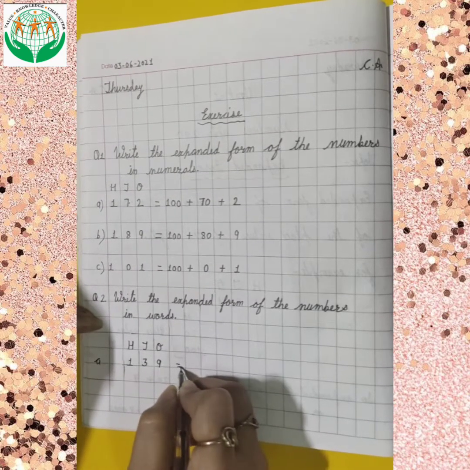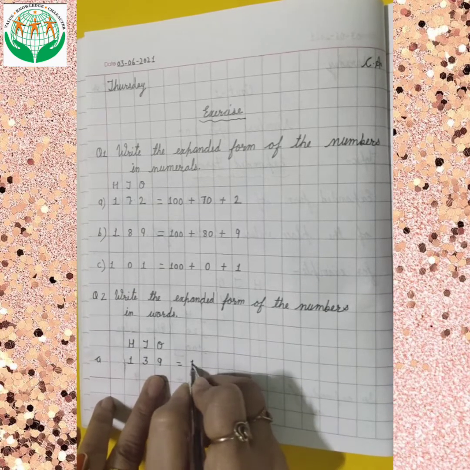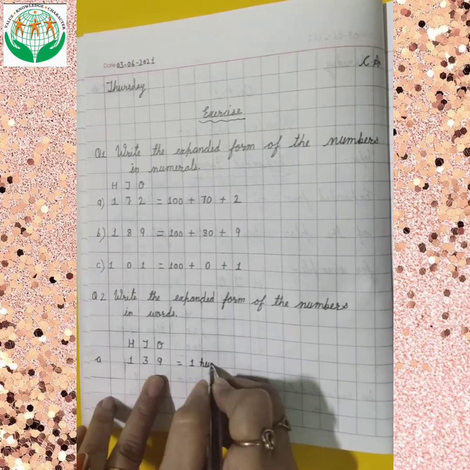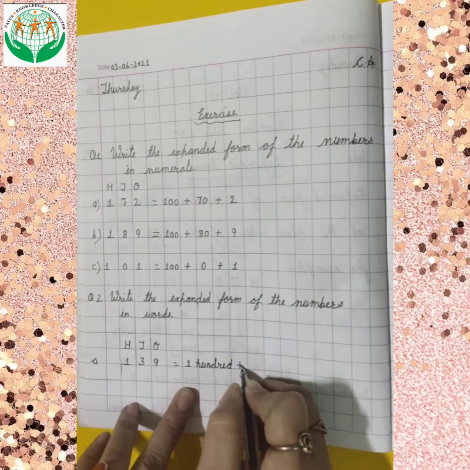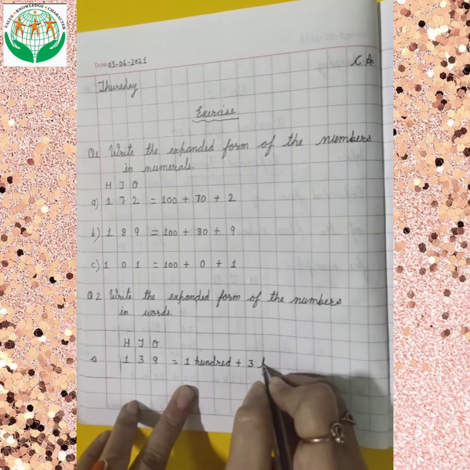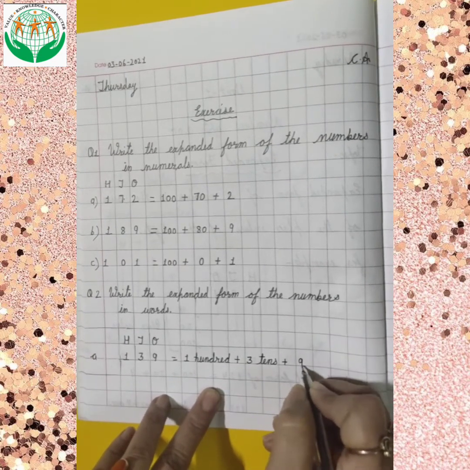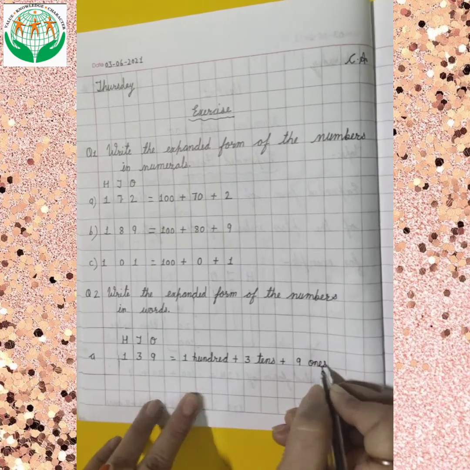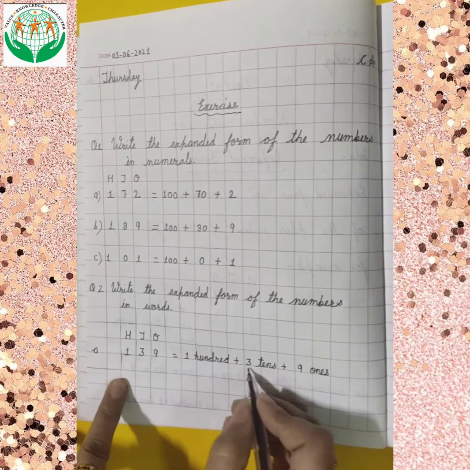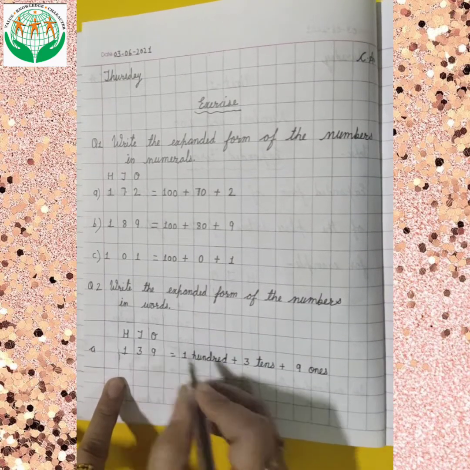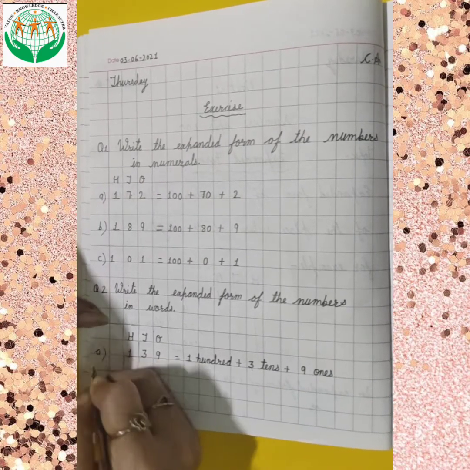139. So the expanded form of 139 is 100 plus 3 tens plus 9 ones. Now next is B part.